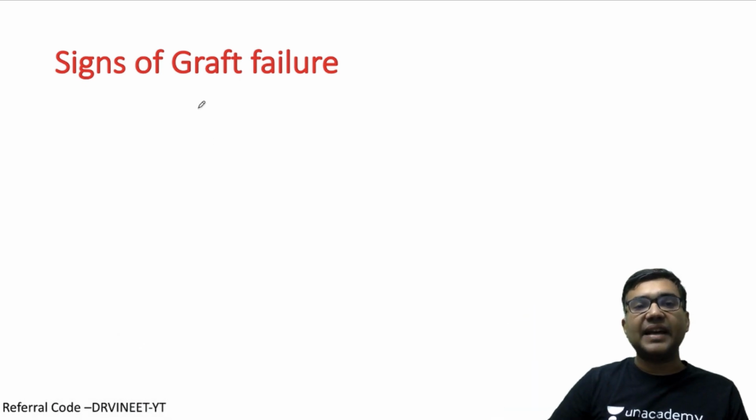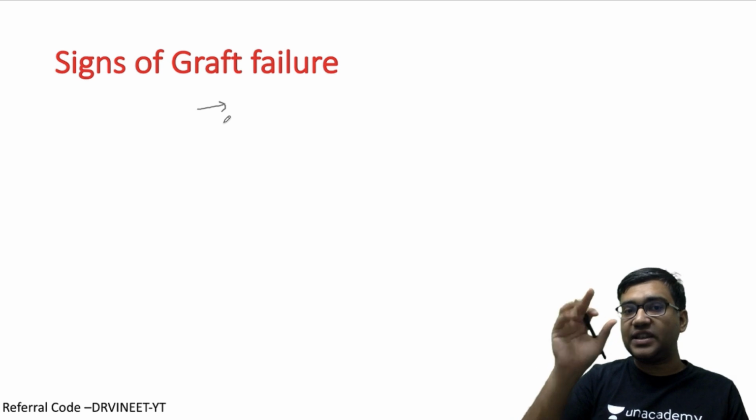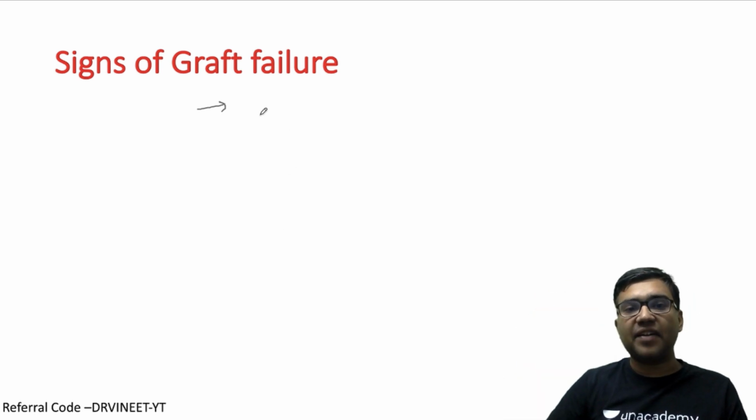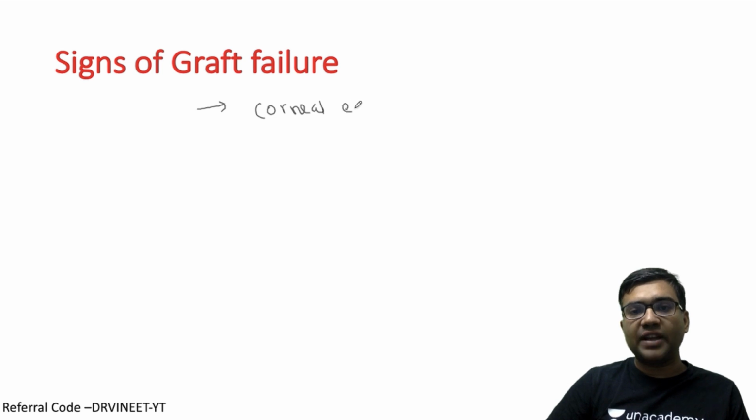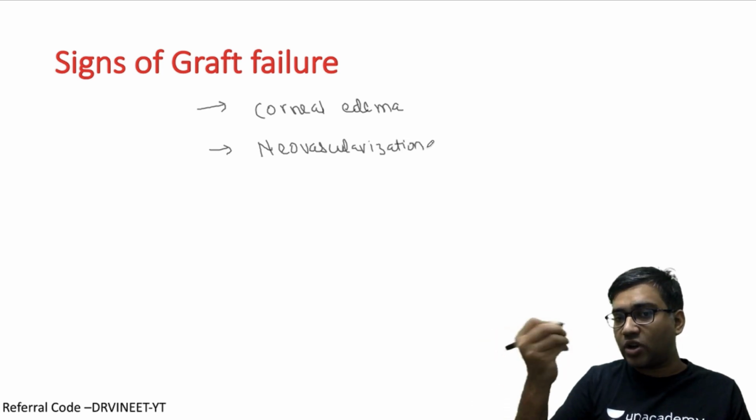Now remember, the signs of graft failure are, first thing is you have to see that the patient may have corneal edema. Okay, then he may have new vascularization that comes in over the donor cornea.